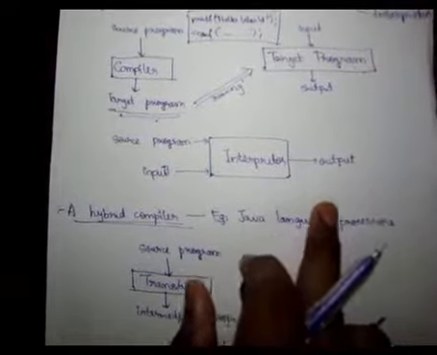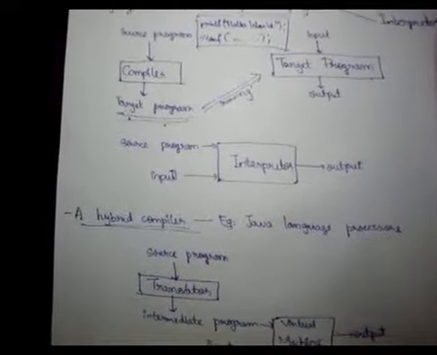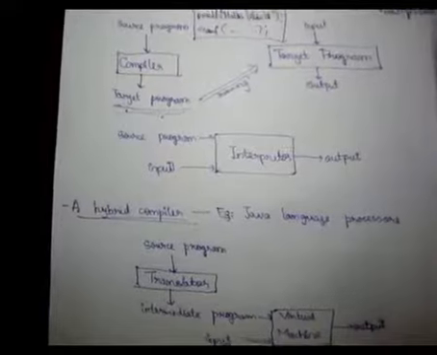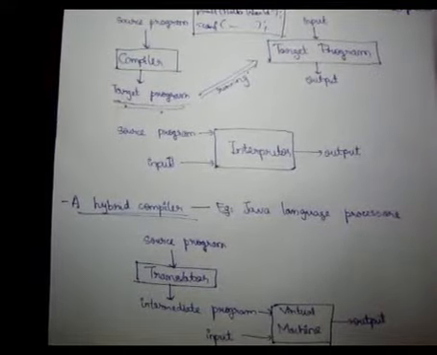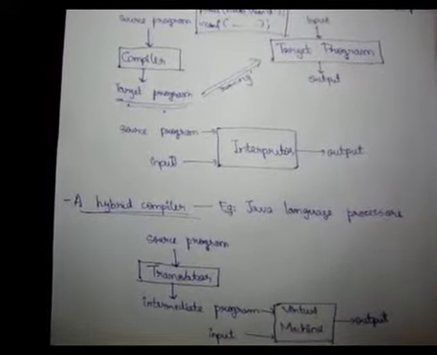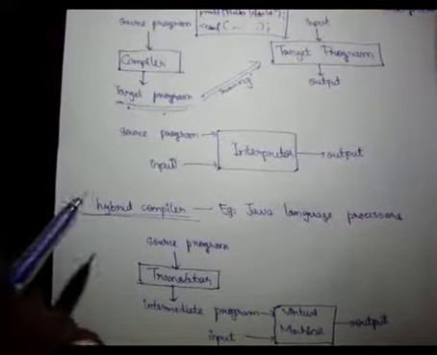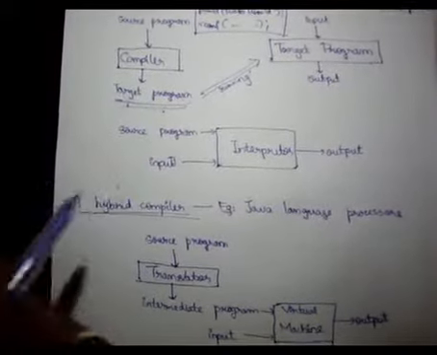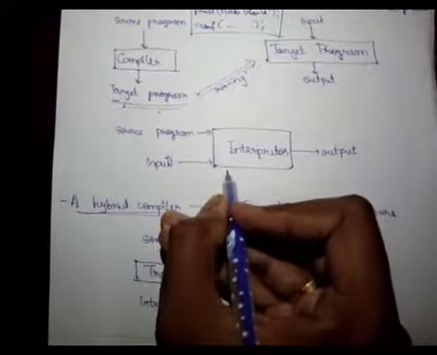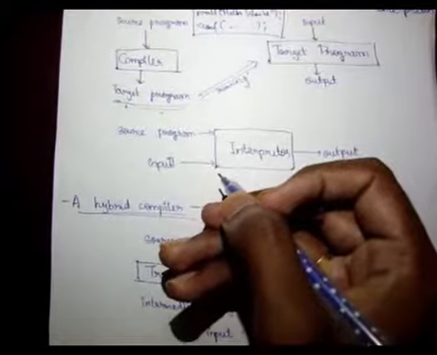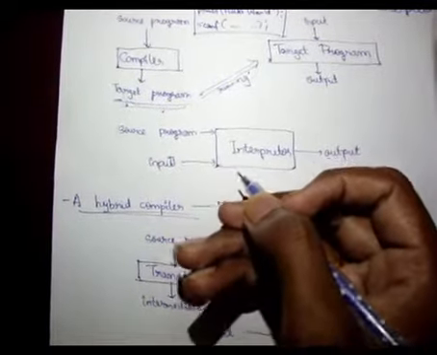As it takes our source program and input together directly, it's a very fast process. Error diagnosis is a little faster and easier, but we can't say it's very accurate. Most of the time, an interpreter has more accurate error recovery or error diagnosis.